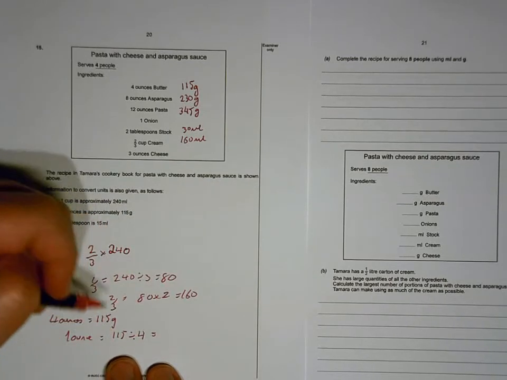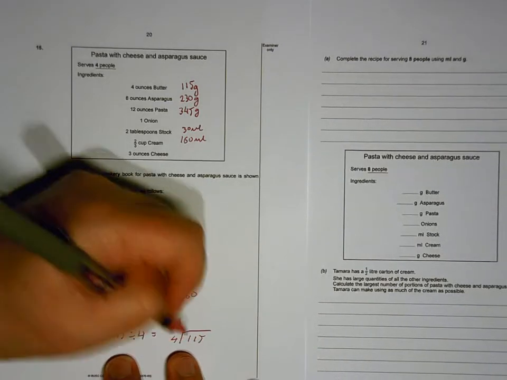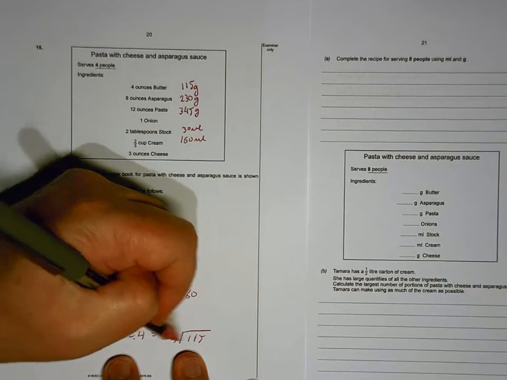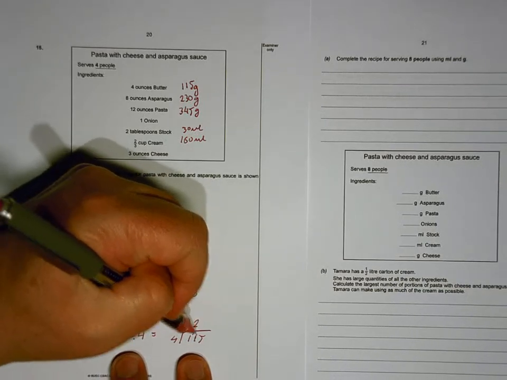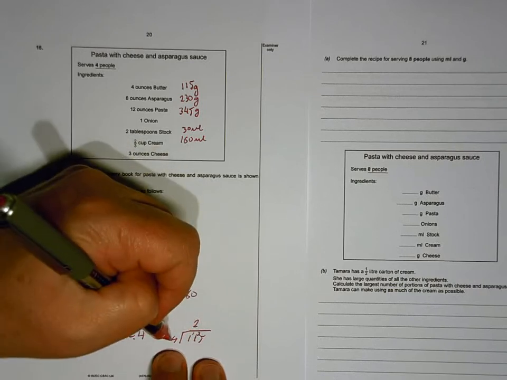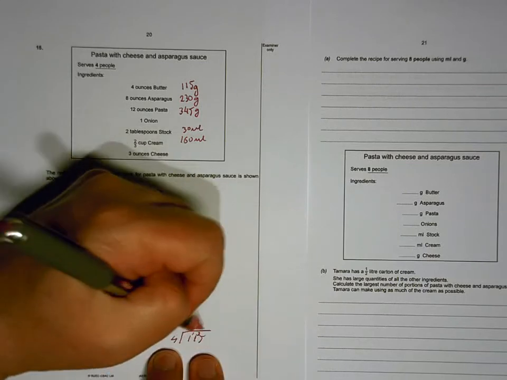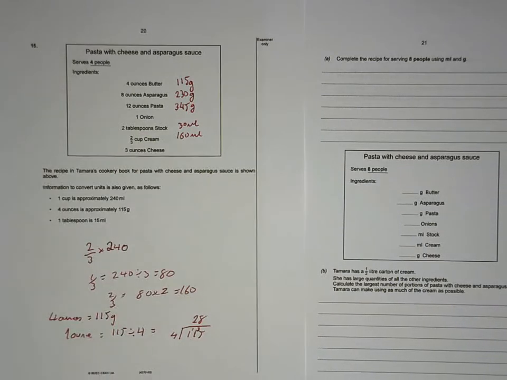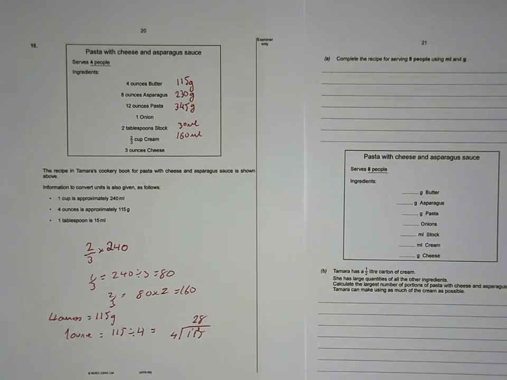So if you half it and half it again: 115 divided by 4, 4 goes into 11 twice, remainder 3, 4 goes into 35, 8 times, 4 eights are 32, so 1 ounce is about 28.